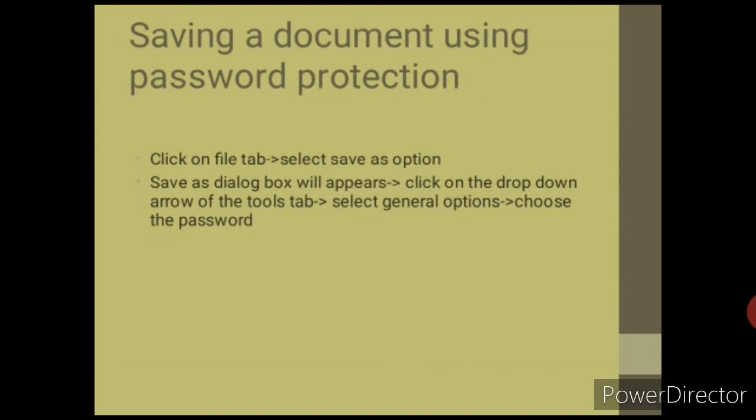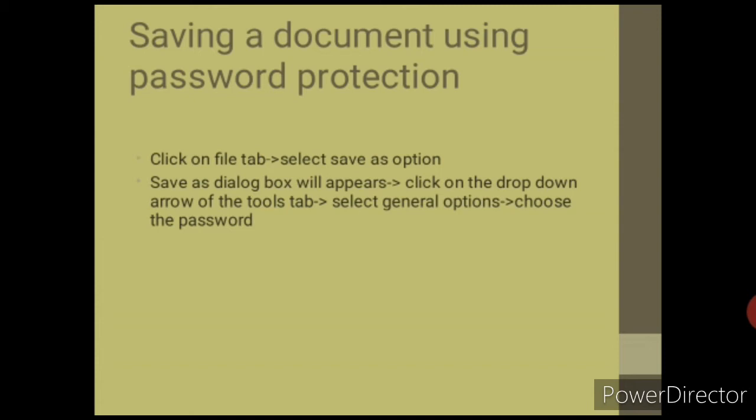Now, saving a document using password protection. Suppose I want to save my document and I don't want anyone other than me to check my document. So I have to encrypt that document. Encryption means giving a password to that document. So what you have to do, you just have to again go to the File tab and select the Save As option.